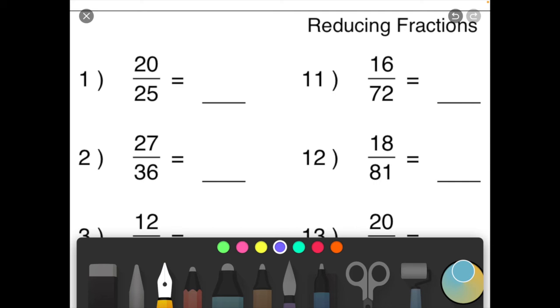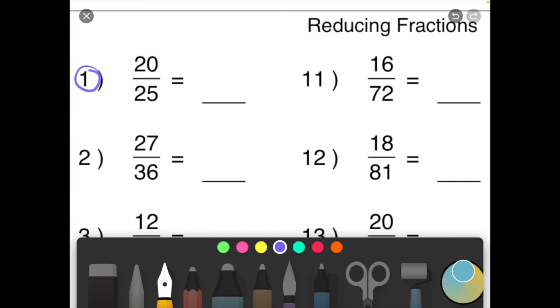If it ends in zeros, you know it's at least divisible by 10. A couple of other rules: with 3s, if you add up the digits and that number is divisible by 3, then the total number is divisible by 3. So those are just a couple of the quick rules.